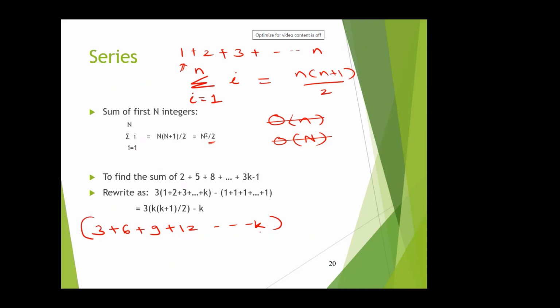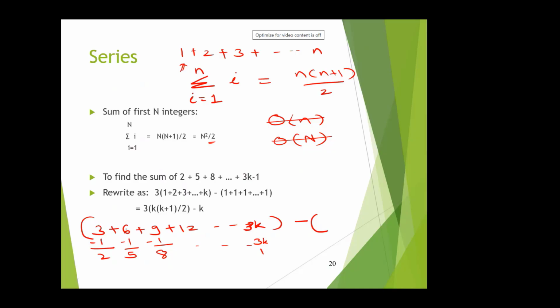Going up to some k, or in other words, we can say 3k, because it is a multiple of 3. Minus, every time we are going to negate 1. So my first number I am getting if I negate 1 from 3. Second number I am getting if I negate 1 from 6. Third number I am getting if I negate 1 from 9, and so on. So my last number will be 3k minus 1.